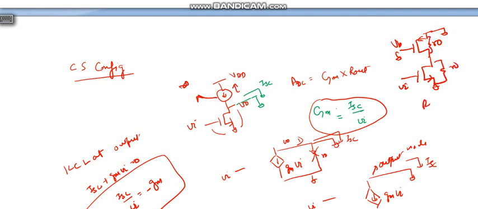So in this case R out equals ro by 2, because the two ro are parallel to each other. ADC is given by minus Gm ro by 2. Gm remains the same. Thank you.